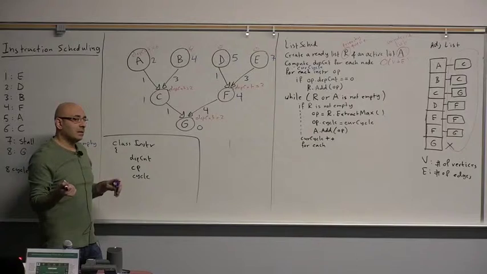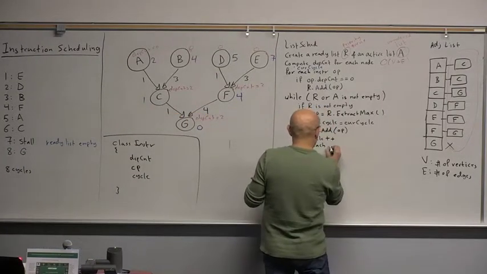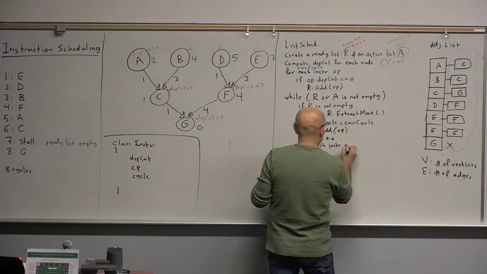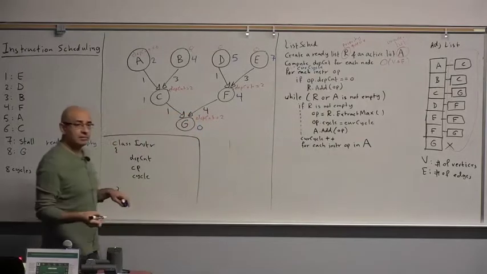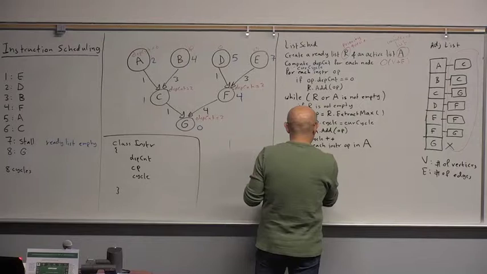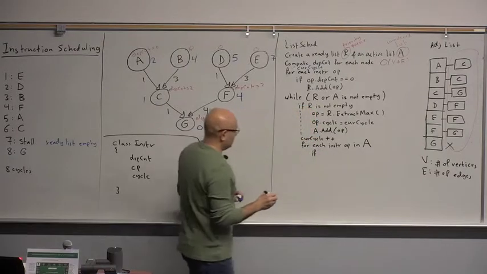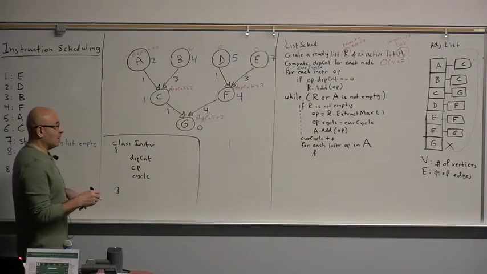What's on the active list? Exactly, the ones in the active list. So for each instruction op in A, in the active list. So now what's the condition for done?